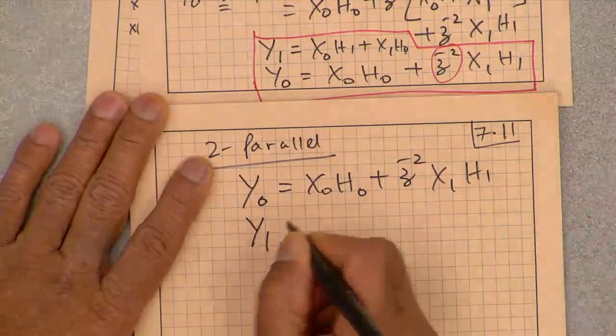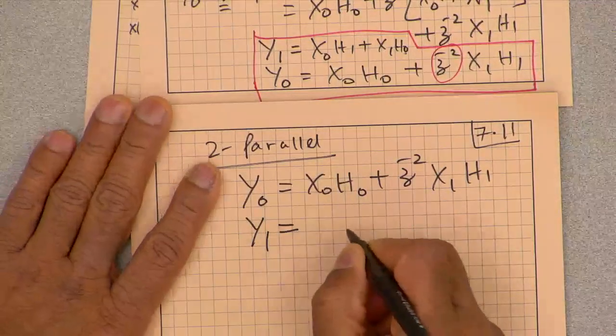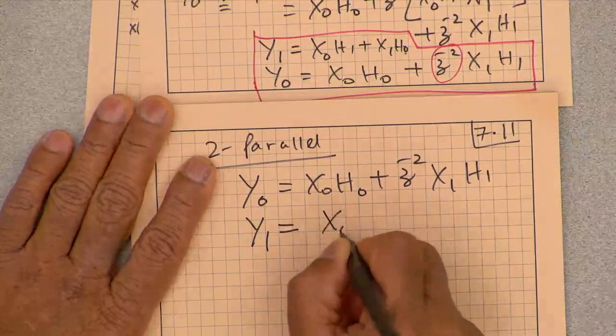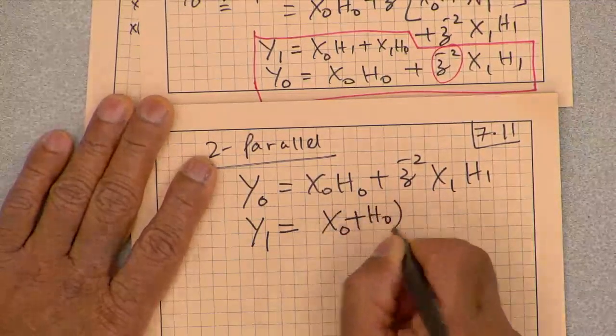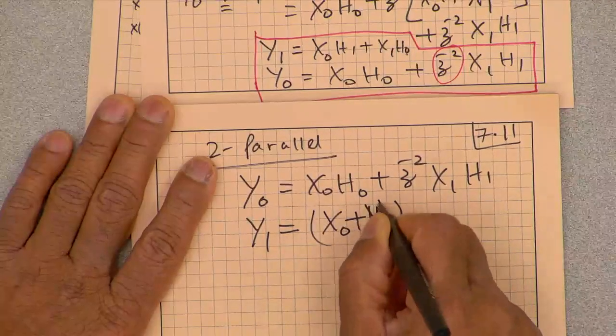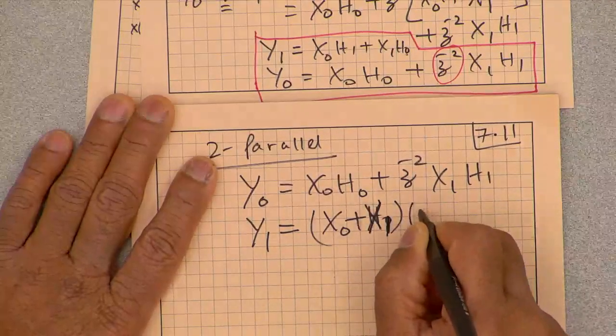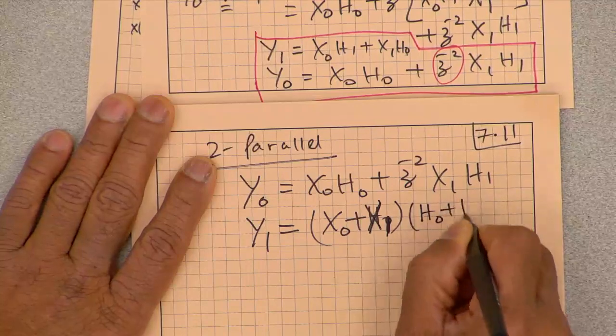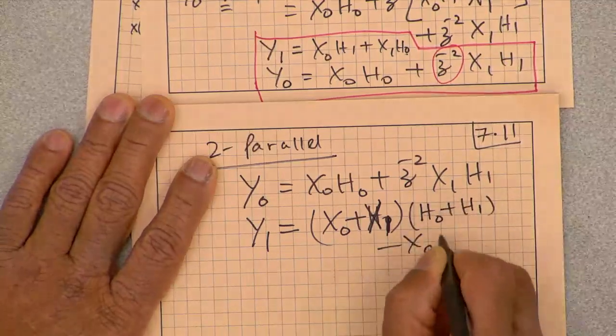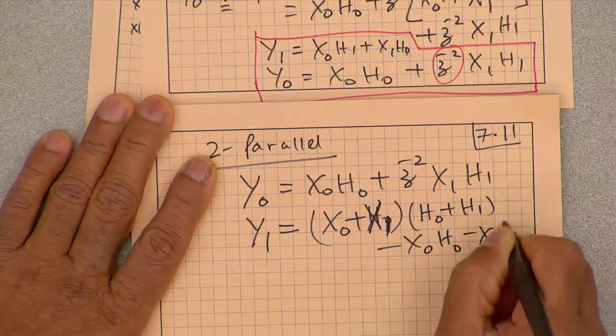And how do we do that? Very simply, you all have seen that many times. I can write that in many ways, so there are many solutions. x0 plus x1 times h0 plus h1 minus x0 h0 minus x1 h1.